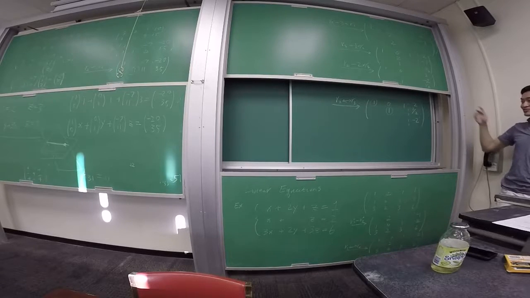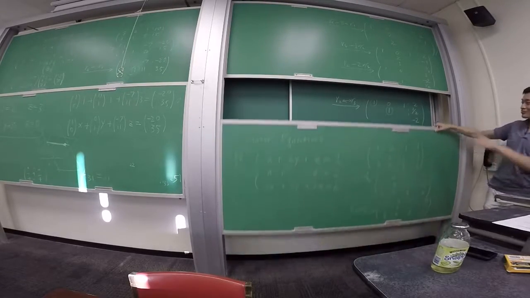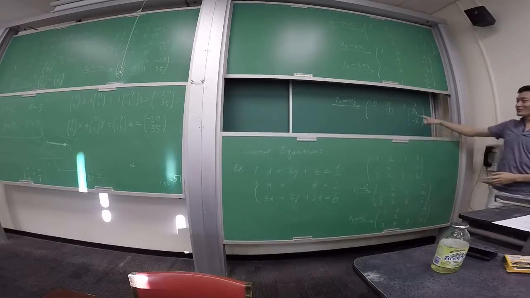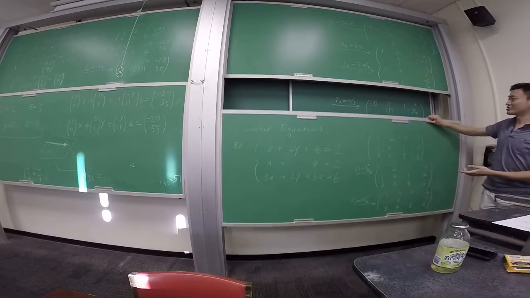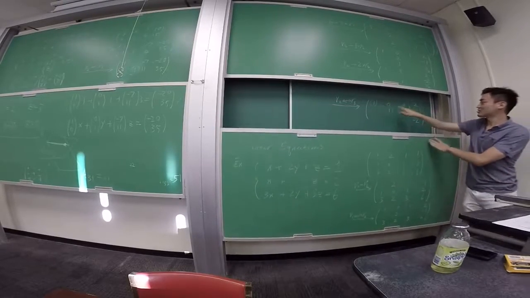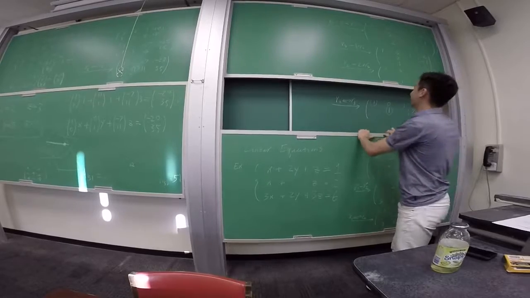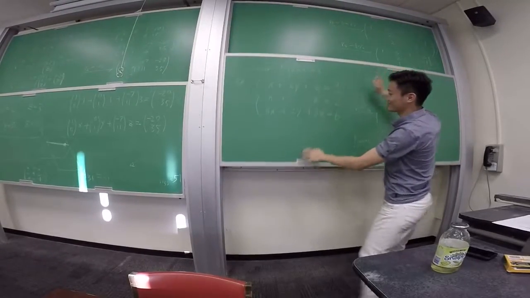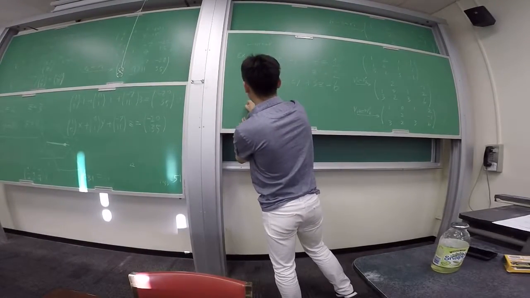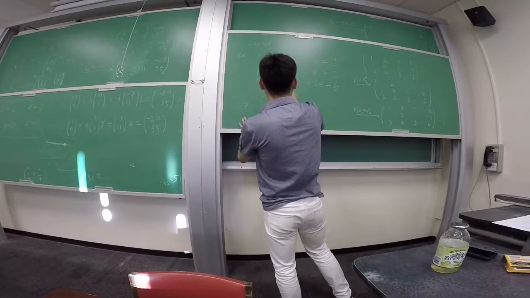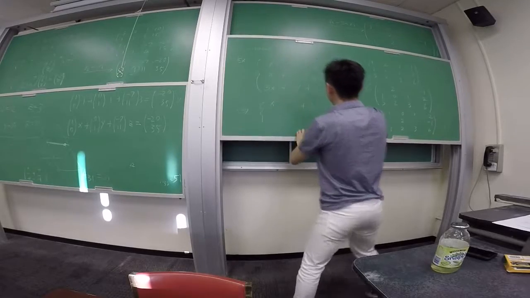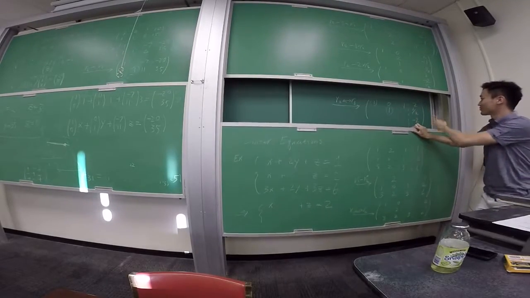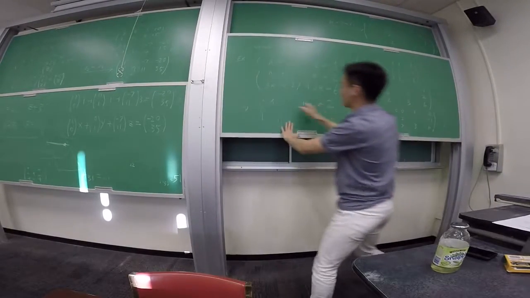Okay, so I will use this to say something about this phenomenon. As you can see, this equation reduces to x plus z is equal to 2, right? And y is equal to 1/2.